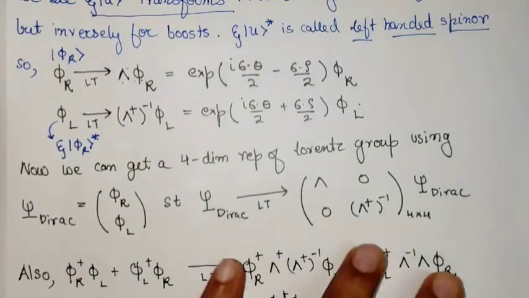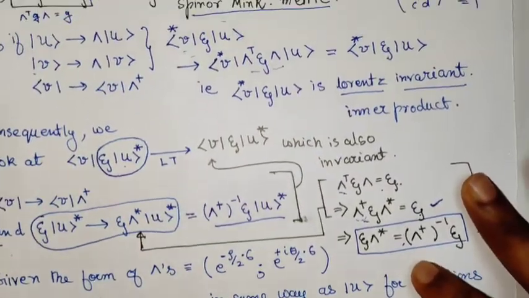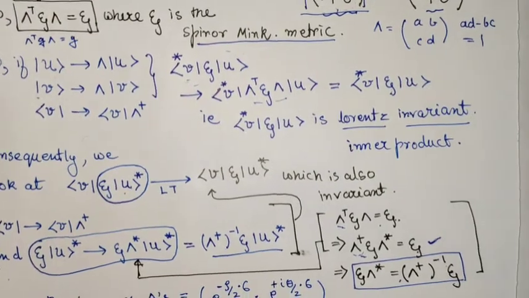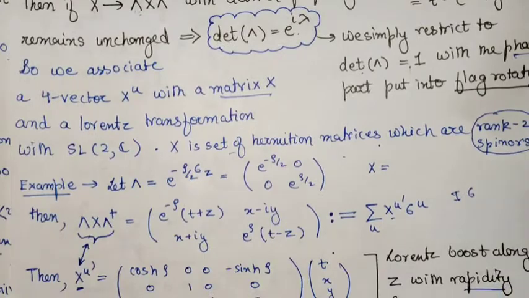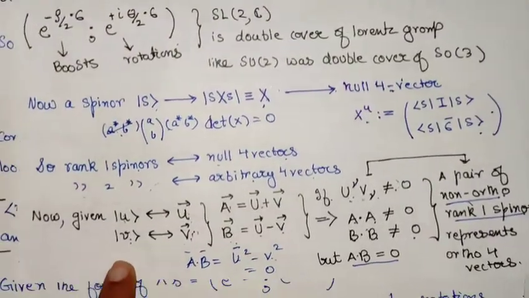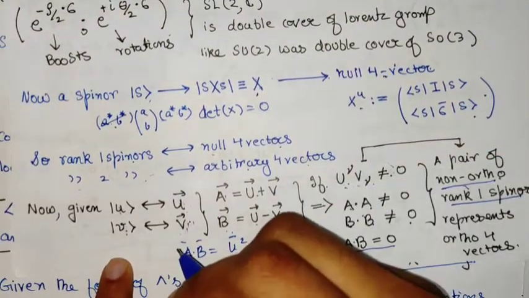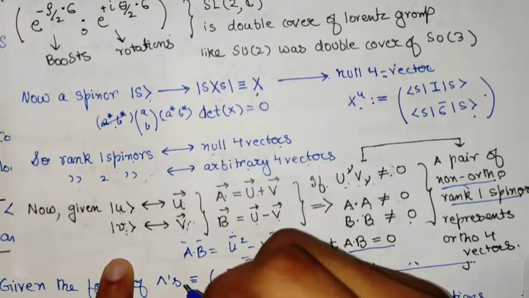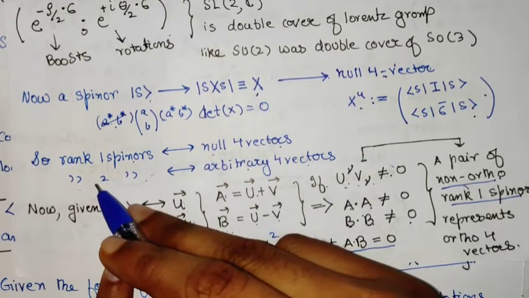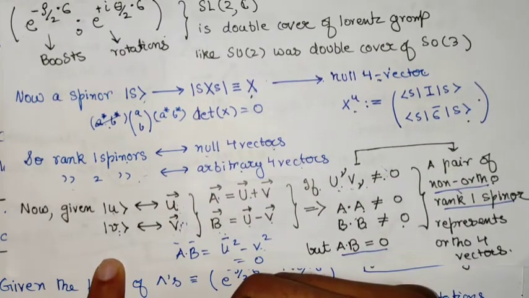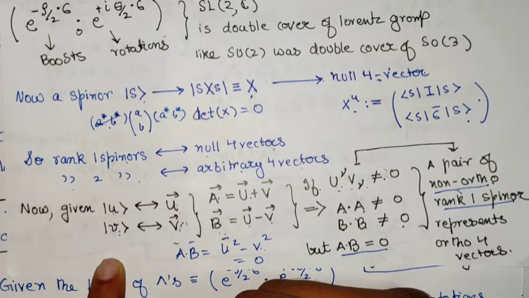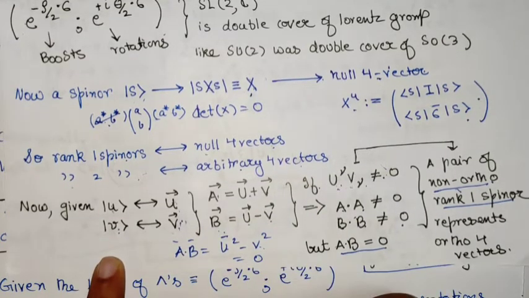So that's all for this video. In this video, we discussed Lorentz transformation properties. We discussed the Minkowski metric, various kinds of inner products, and some of these properties. The most important gist is that rank 1 spinors are associated with null 4 vectors, and rank 2 spinors or the Hermitian matrix are associated with arbitrary 4 vectors, and a pair of non-orthogonal rank 1 spinors can be helpful for representing a pair of orthogonal 4 vectors.